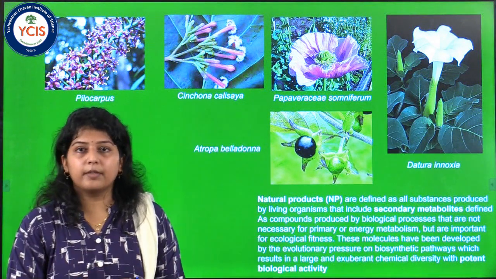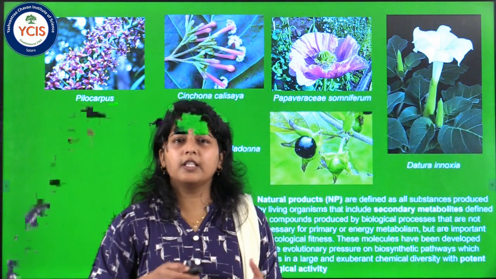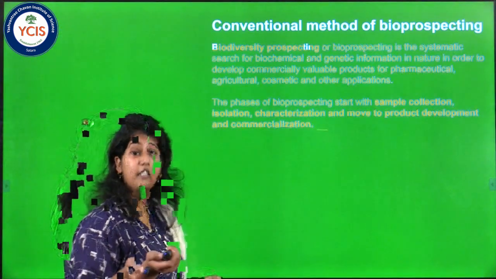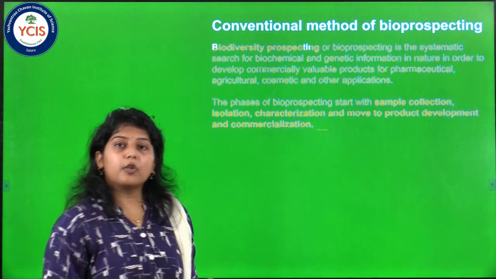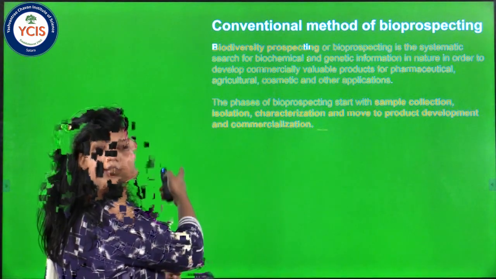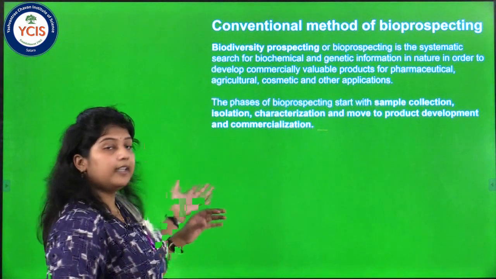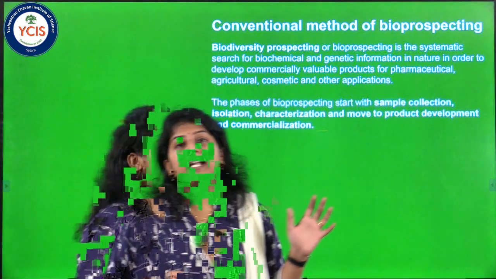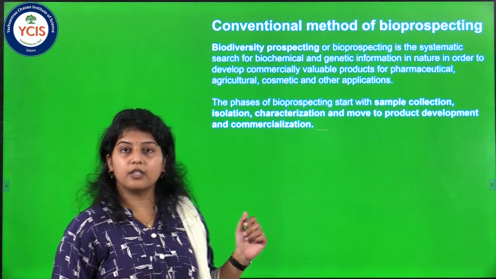The next topic is prospecting. So what is bioprospecting? Bioprospecting is a systematic search for biochemistry in nature, really valuable products for pharmaceutical and other applications. In a very crude way, when we go in the jungle, we look for the medicinal plants.